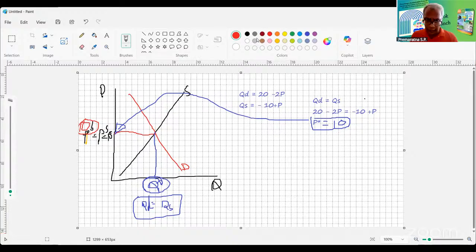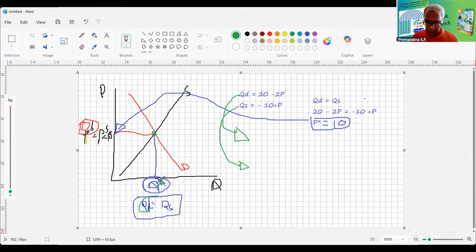Either way, you can plug this value into the demand function or the supply function, and you can find the equilibrium quantity, which means Q star here. Of course, you know QD equals QS, so you can use either equation, whichever is easier, because we are going to find the equilibrium point.